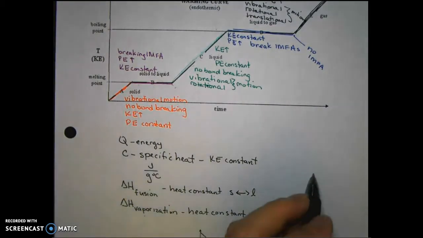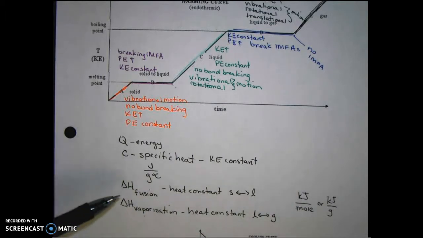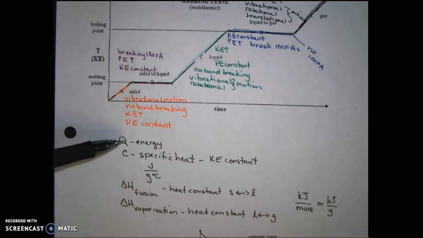The units for both of these are typically kilojoules per mole. Sometimes you'll see it as kilojoules per gram. But more often than not, you'll see it as kilojoules per mole. So again, these units are going to come into play, helping us figure out how to solve for Q. How do we get that energy?